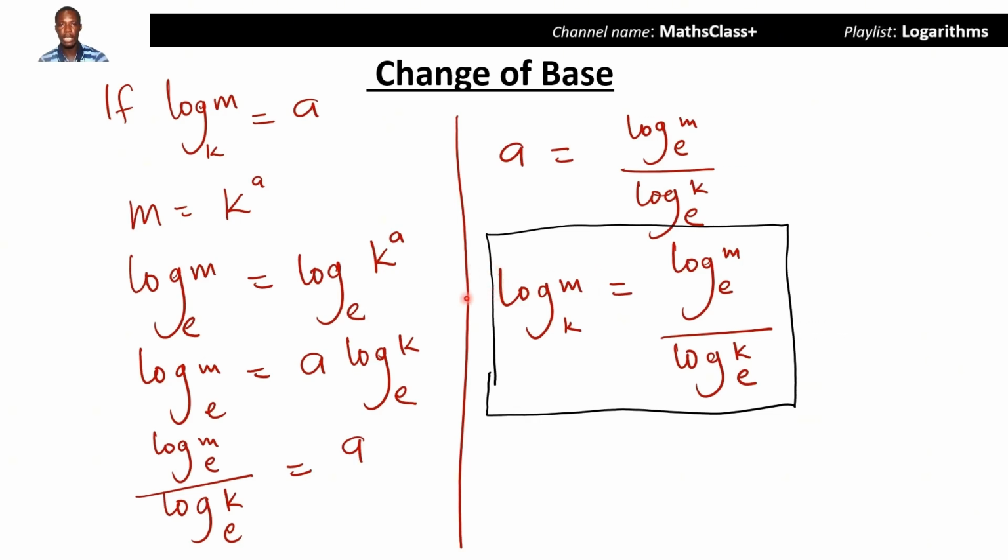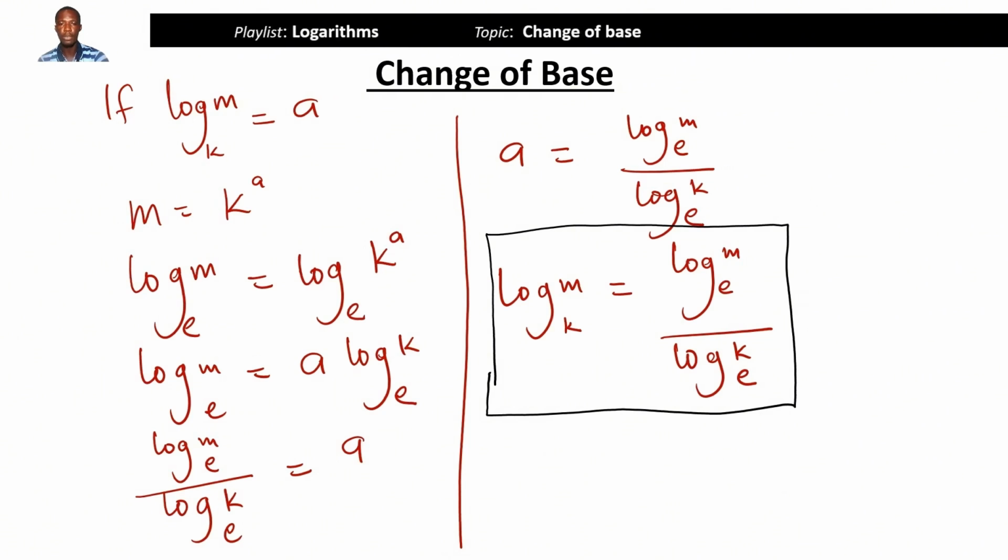So initially, m was just the value of the log, and then k was just the base. But you see that I have spread the two. m has become a value on its own, but the base has changed to e. And then k has become a value on its own, and the base has become e. What that means is that in logarithm, this is what we call change of base.